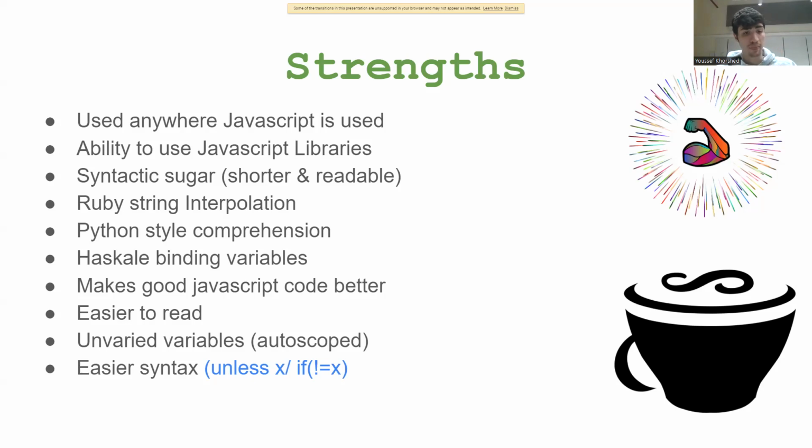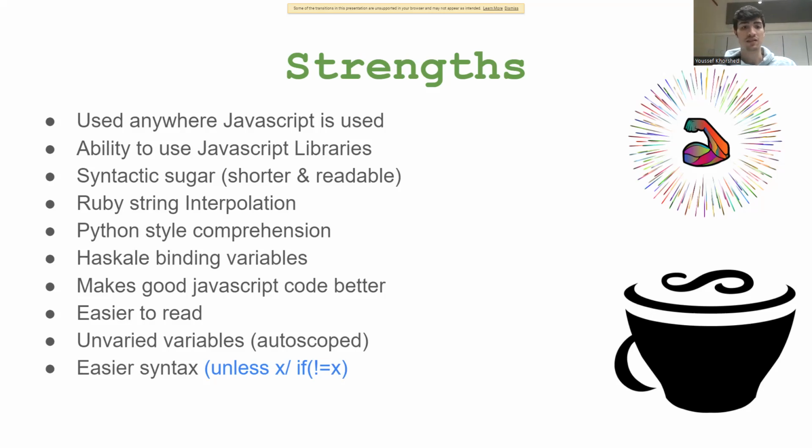And another pro is Haskell's property of binding variables, meaning that it binds a value to a name like Haskell does. Another strength is that it makes good JavaScript code even better, meaning that, like mentioned above, it's the syntactic sugar. It makes it shorter and it takes less time to code.